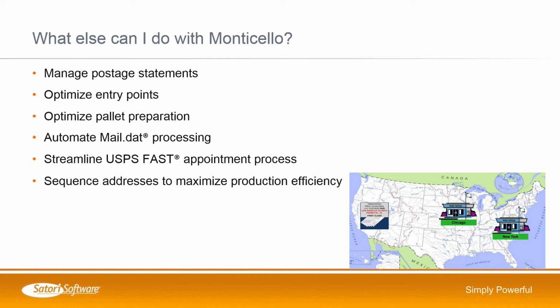Mail.xml is great for the folks that have all their mail going out at the same time, so it's just one mailing date for a mailing. And it's great, like for example with bulk mailer, you basically press a button and it automatically goes behind the scenes and uploads to Postal One. Very, very seamless process. Whereas with mail.dat, there's a little bit more effort involved.